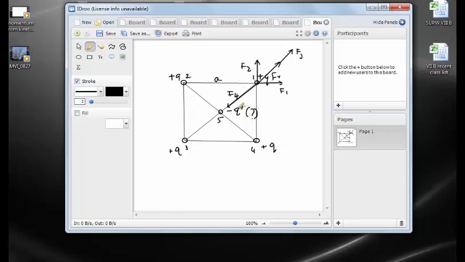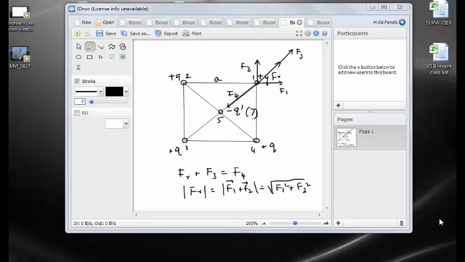Let us equate the forces on the charge Q at 1. We get Fr plus F3 equal to F4, because these forces are equal and opposite, and we have dropped the negative sign as before.